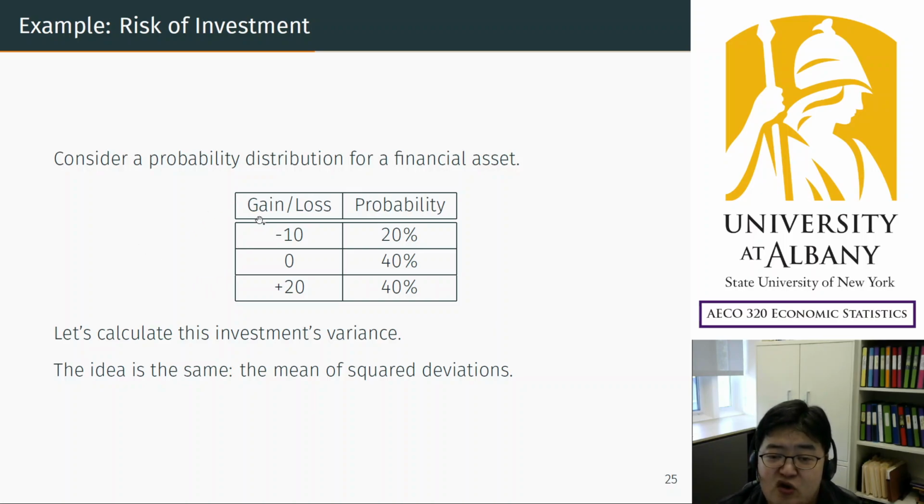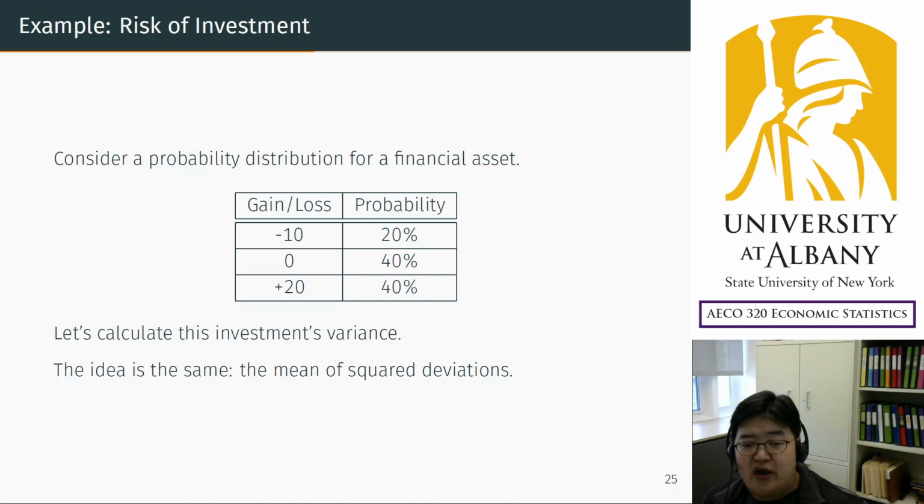You may lose $10, which has probability 20%, or zero, nothing, no change, with 40%, or plus $20, which is 40%. So you may lose $10, you may gain $20, or nothing. So probabilities are given.